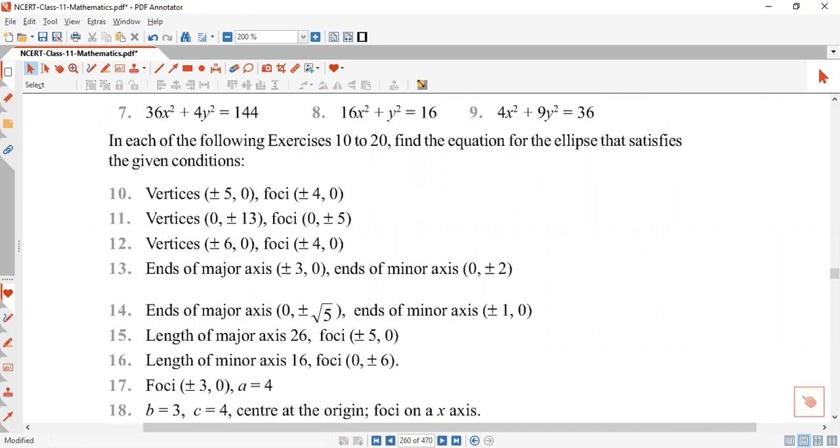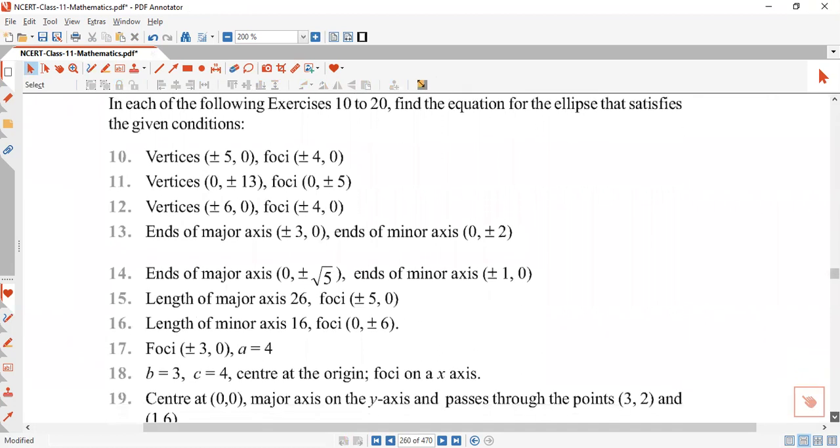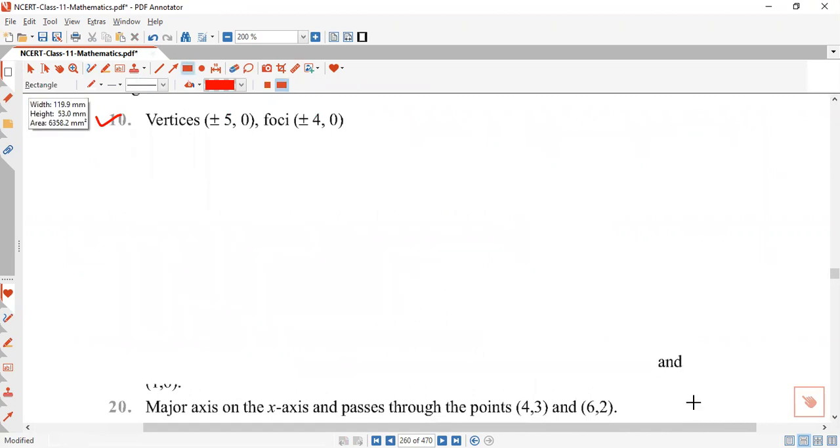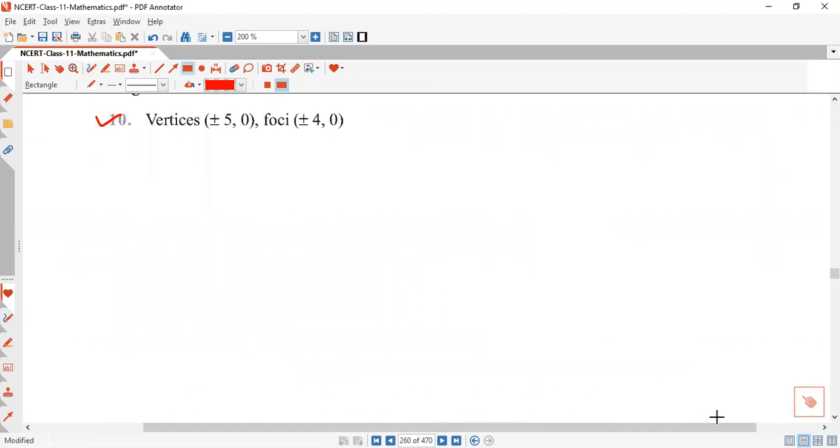For this question number 10, we have to find out the equation of the ellipse. Vertices are given and foci are given. So the coordinates of the foci are given and the vertices are given. Okay, fine. Foci are given, plus minus 4 comma 0. It means the focus lies on the x-axis.